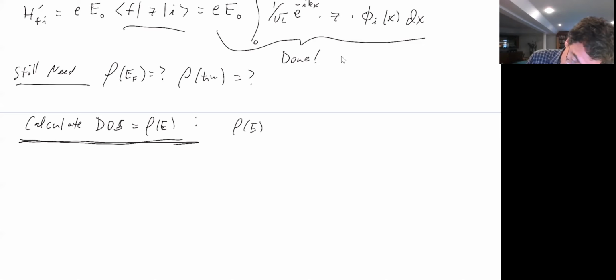This is the concept of density of states: rho of E equals density of states, which is equal to the number of states per energy.